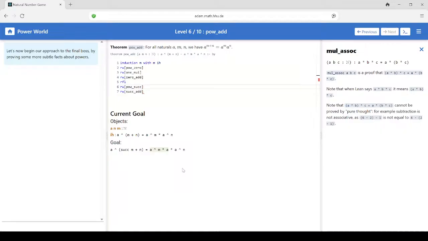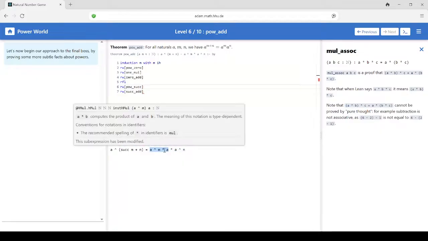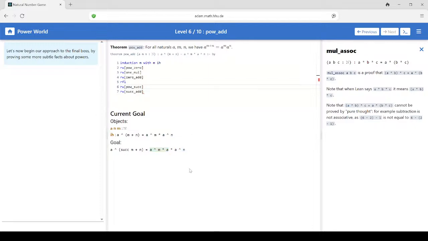Maybe right now these are being multiplied first and then these ones. Actually, I have no idea.